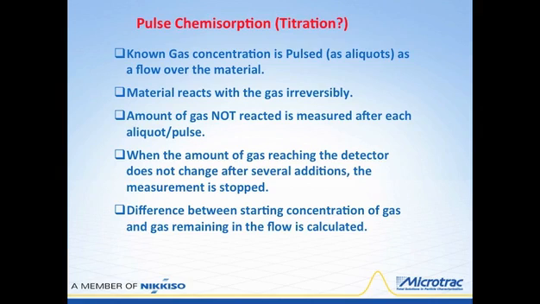And again, this is an irreversible process, and there's a slight delay to allow the chemistry to occur. And then when that is finished, another amount of the gas is provided, just like we were doing during titration. And then again, there's a slight delay so that the gas can react with the surface. And that process continues until there is no more gas involved with the chemical reactions.